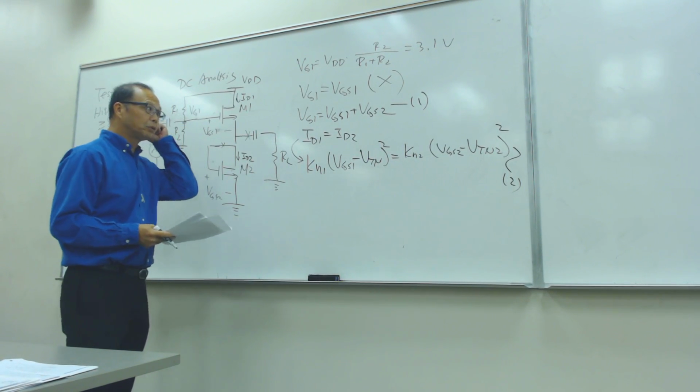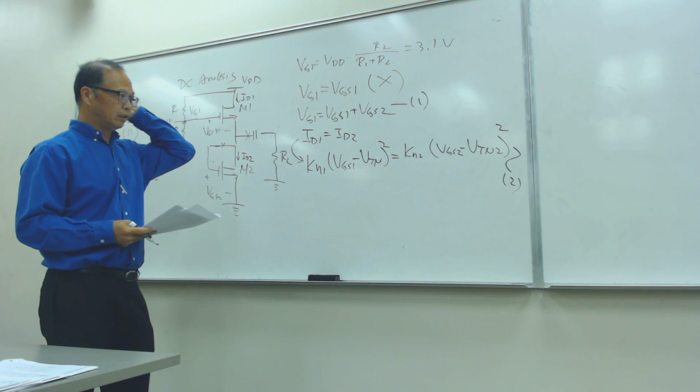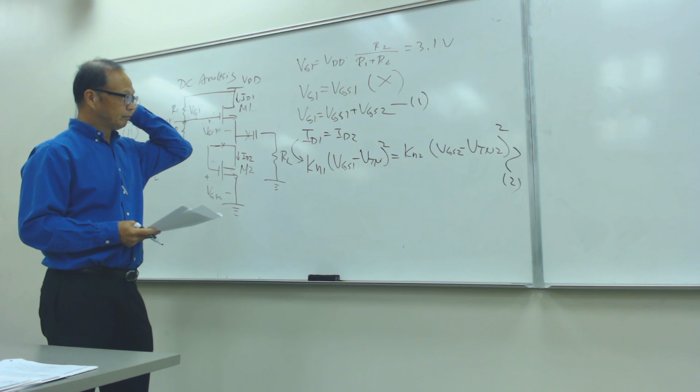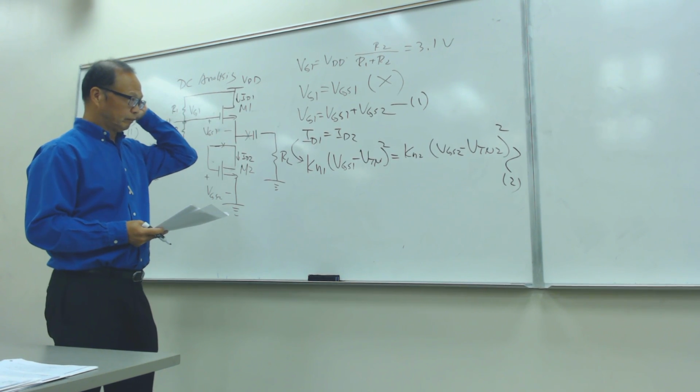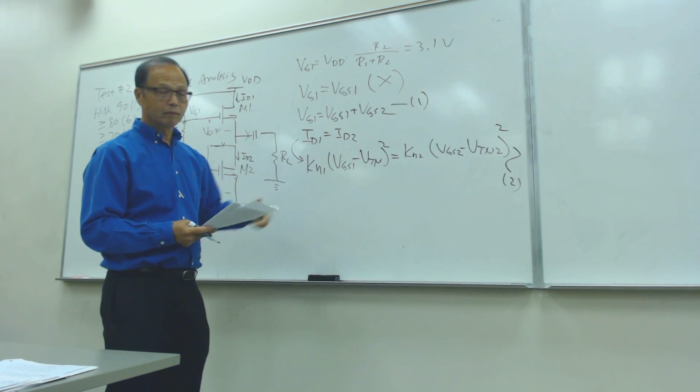So basically, if you combine the two equations, you will have one equation and one unknown. Yes? So what's the unknown? Well, the unknowns could be VGS1 or VGS2, right?